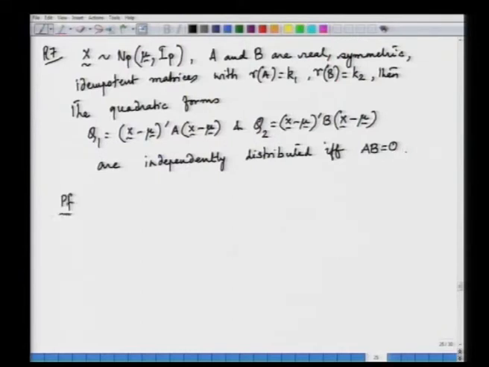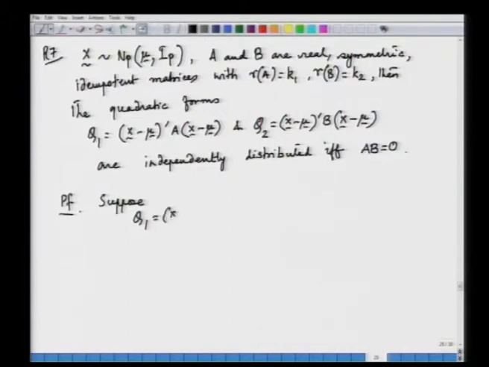For the proof of this result, let us start with the necessity part, that is the only if part, and we suppose that the quadratic forms are independent. Incidentally, with the given condition, what are the distributions of these quadratic forms?